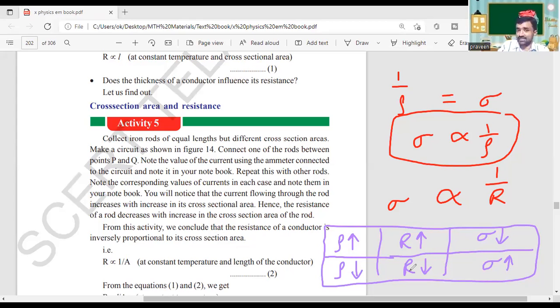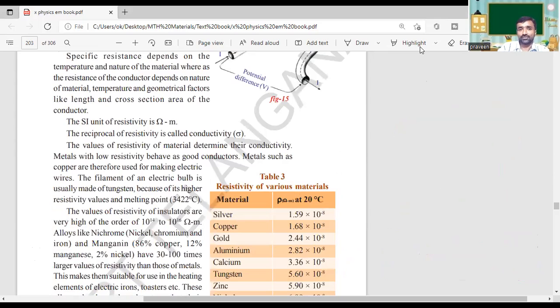With a decrease in resistance, resistivity decreases and conductivity increases, right? So this is the given information. So we completely discussed resistivity and conductivity, and how they depend on each other.